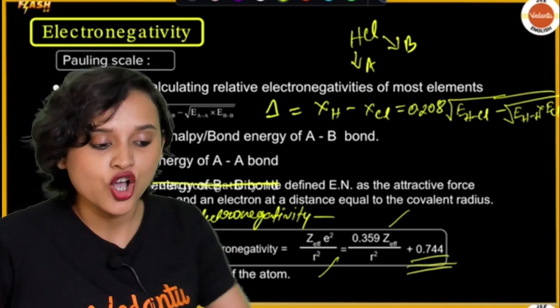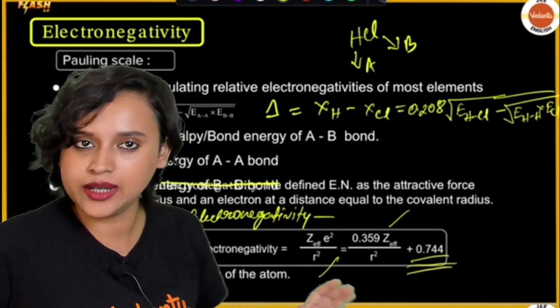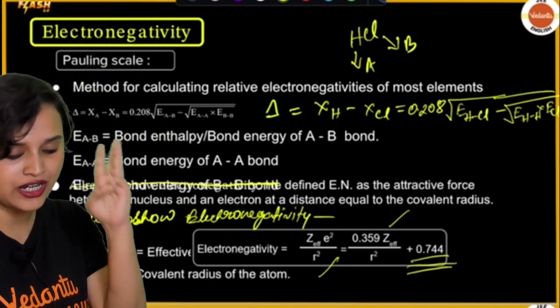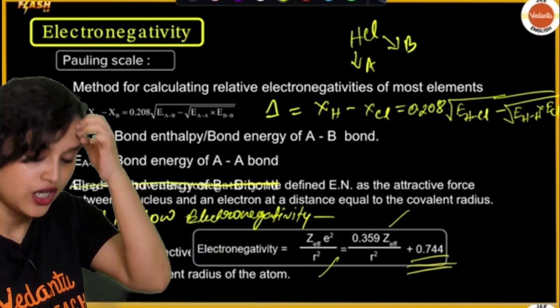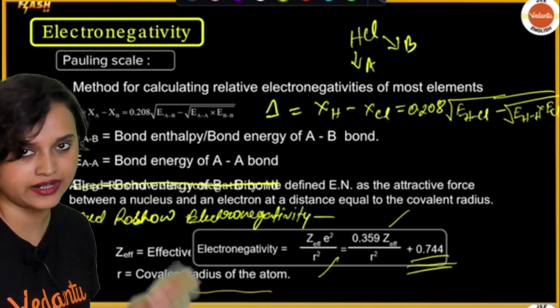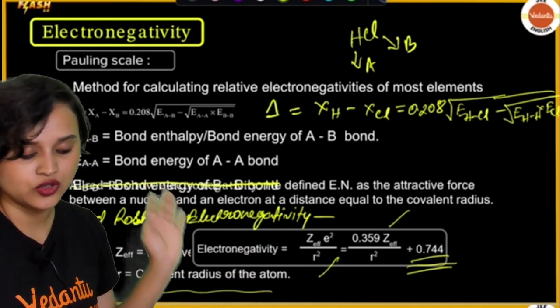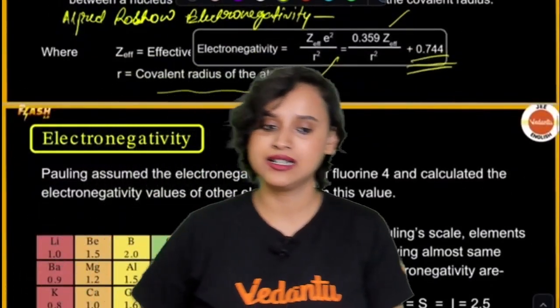This is your Roschow's scale. So you have Mulliken, Pauling and Roschow, Alfred Roschow electronegativity. What is r? Here r is the covalent radius of the atom. What is Z effective? Z effective is the effective nuclear charge. Do we make sense here?